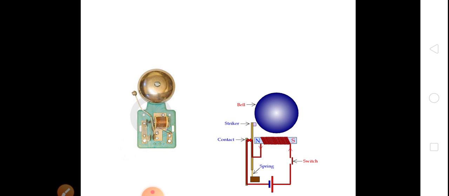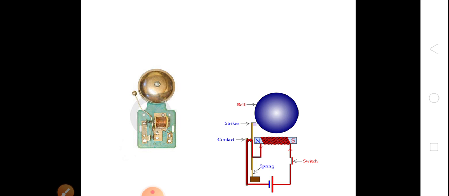So the first point is electric circuit is the path along which electric current flows. So electric current flows in the electric circuit. Various components in electric circuit are represented by their standard symbols.